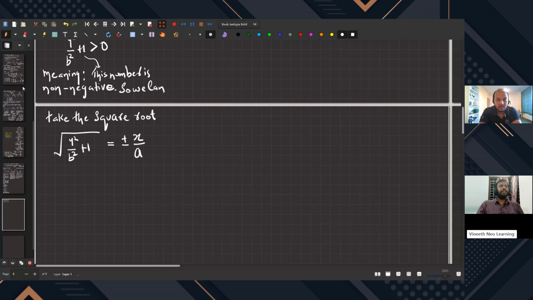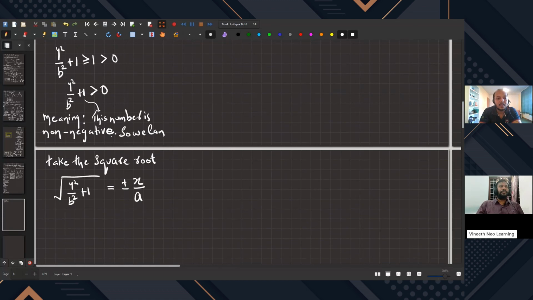The inequality is actually gone here. This y squared over b squared plus 1 is greater than 0. Why did we take the square root? Because we are working with real numbers. If it was not greater than 0, we could not take the square root, because that would result in an imaginary number.